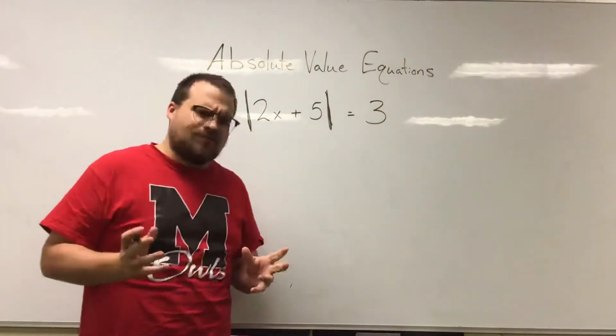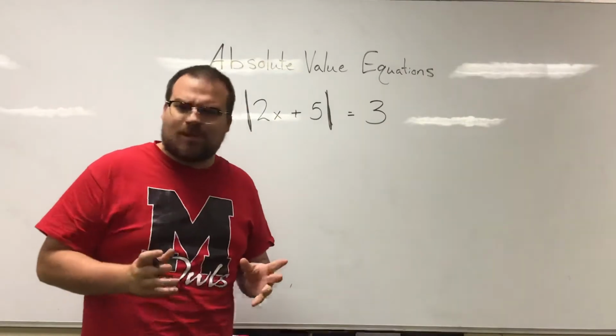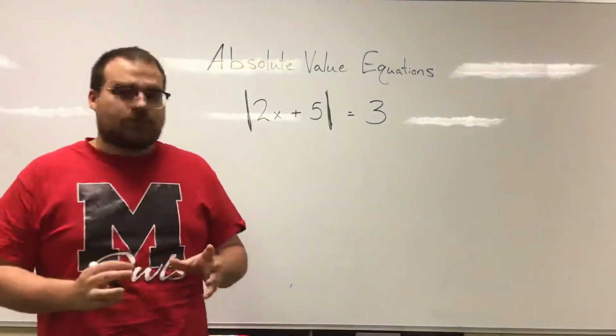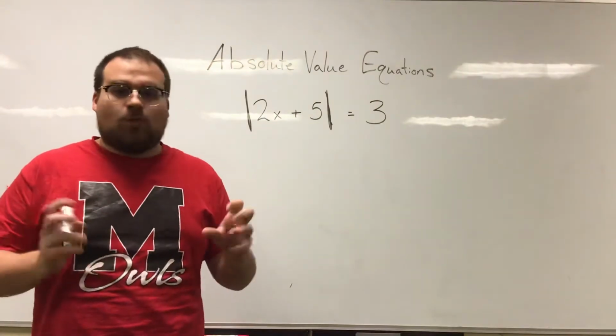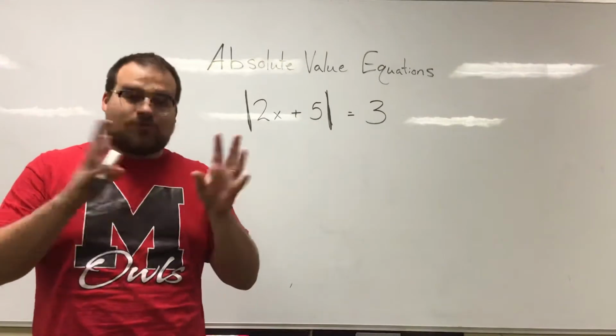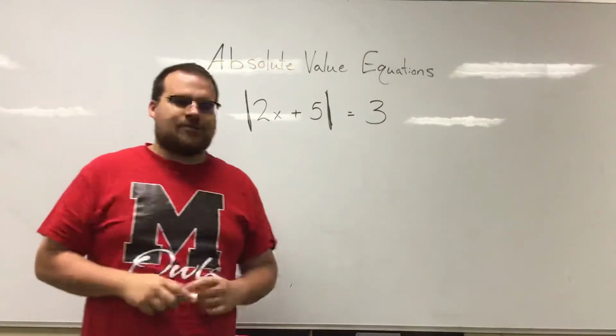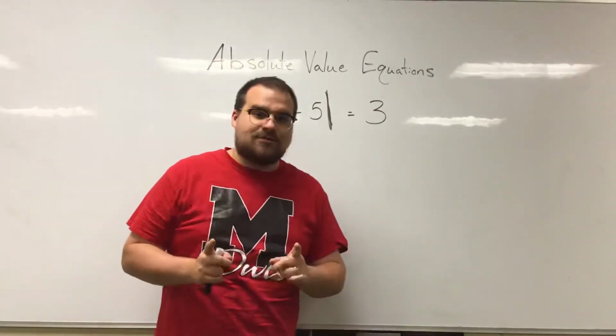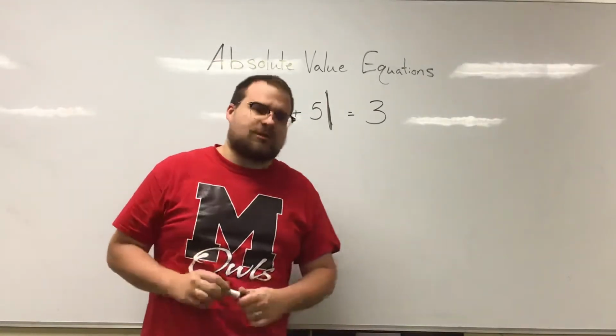Now, absolute value equations are kind of interesting in my opinion. That's because of the way absolute value works: whatever we have in there, whenever it's solved, has to be positive, right? That's kind of what these bars do. They guarantee that whatever's in there is positive.